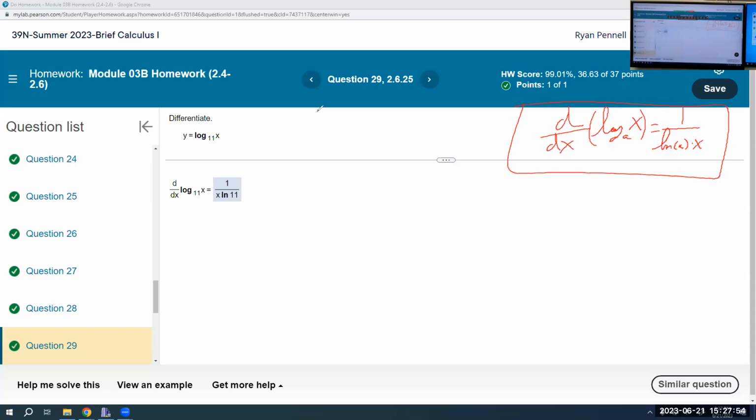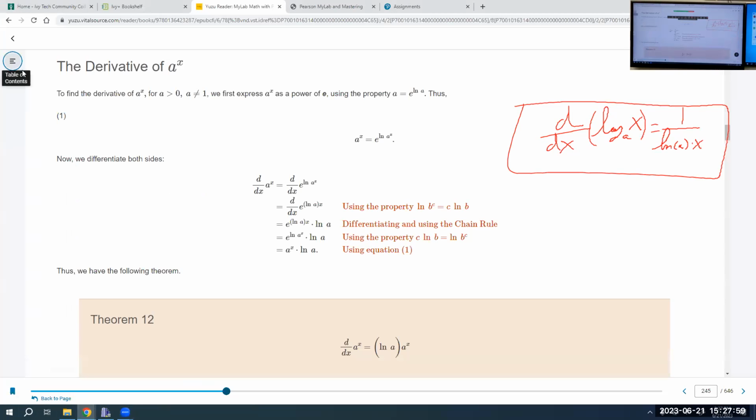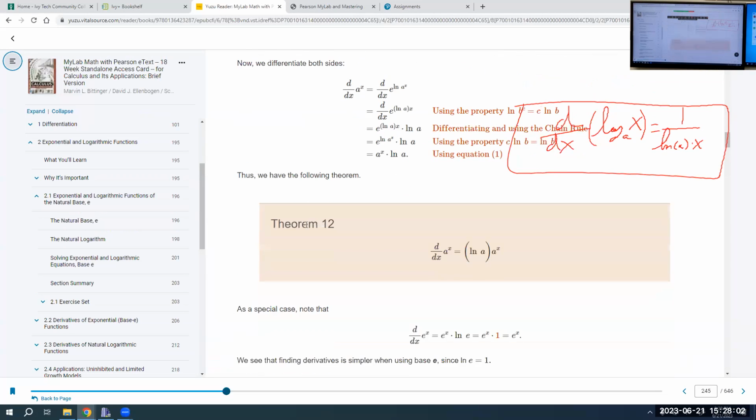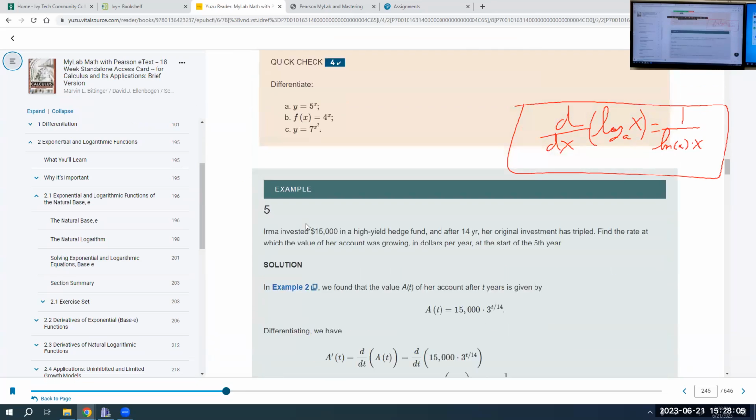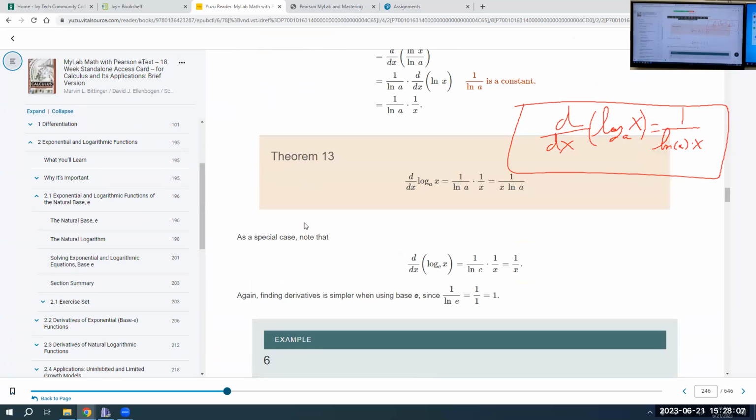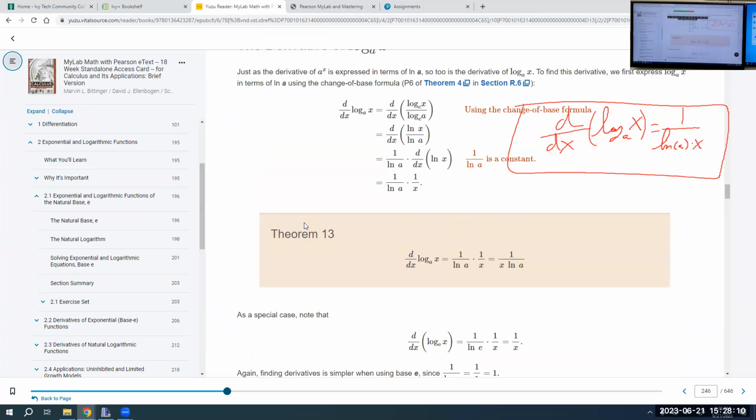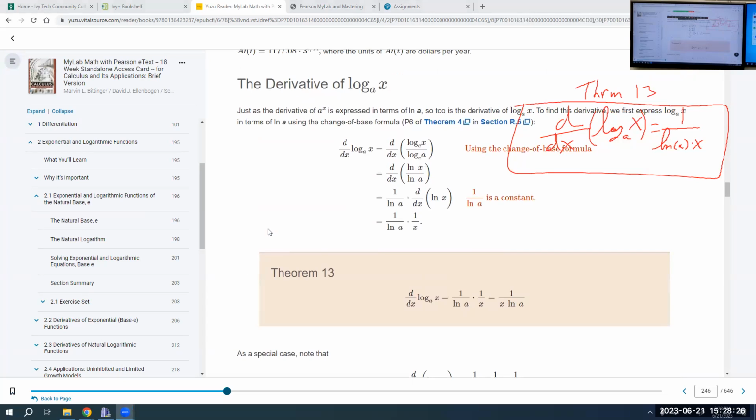That's in the book. See if I can find that. Oh, it's probably right here. Here it is. Here's just one more theorem. Theorem 13. It gives a nice proof there that has to be the case. So that's theorem 13 that tells us the derivative of the logarithm base a of x.